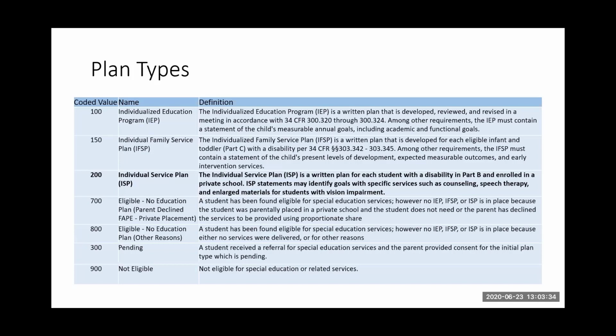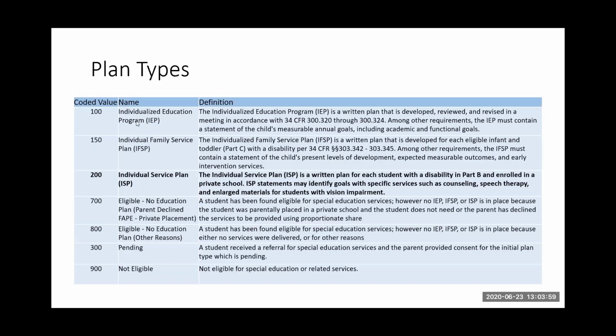ISP statements may identify goals with specific services such as counseling, speech therapy, and enlarged materials for students with vision impairment. I think the key information is that the ISP is for students enrolled at a private school. It specifically says that in the definition in the CALPADS code set, right?